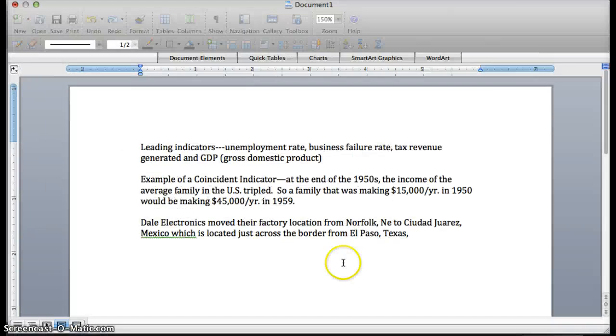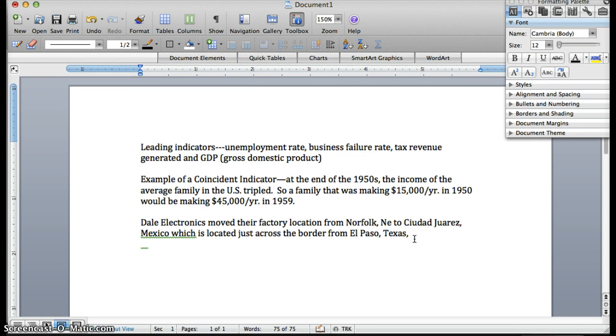In the 1990s, NAFTA was created, and NAFTA stands for the North American Free Trade Agreement.